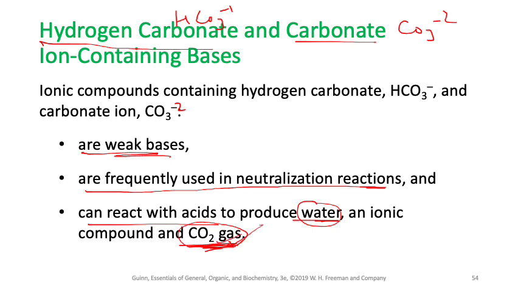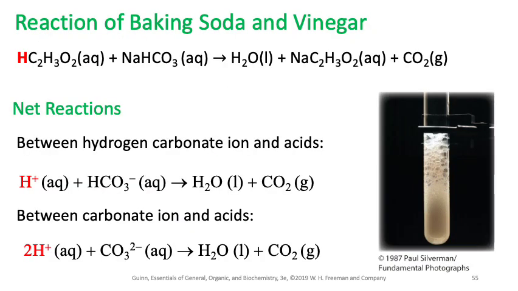Let's go to the next slide and see the actual reaction that is happening. The reaction of baking soda with vinegar. Vinegar is your acetic acid. It reacts with baking soda, sodium bicarbonate.